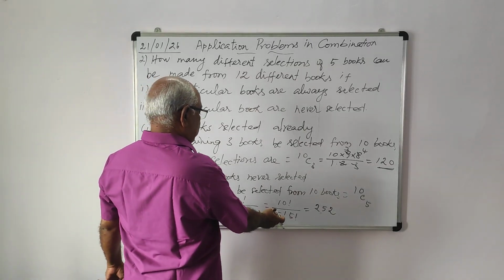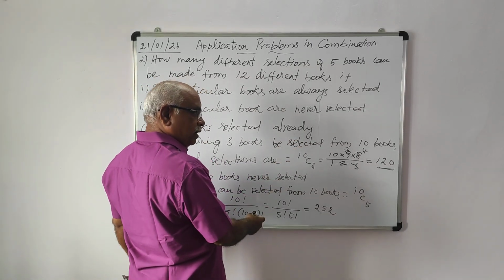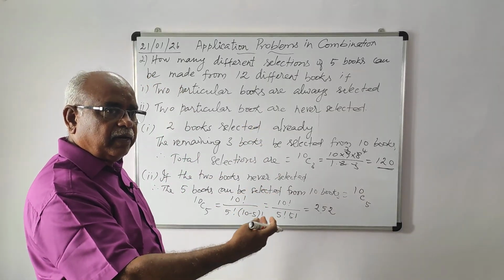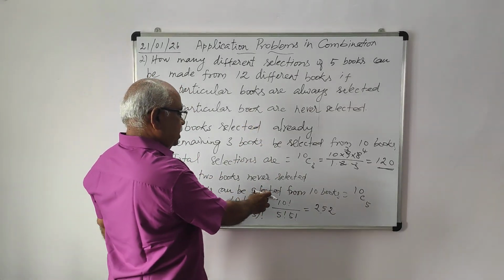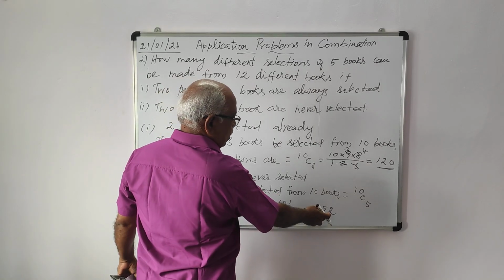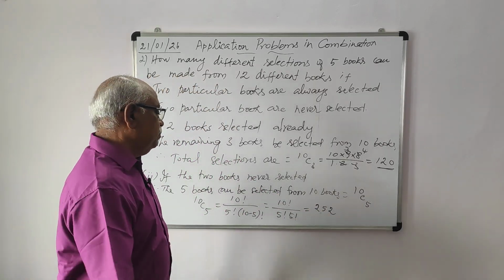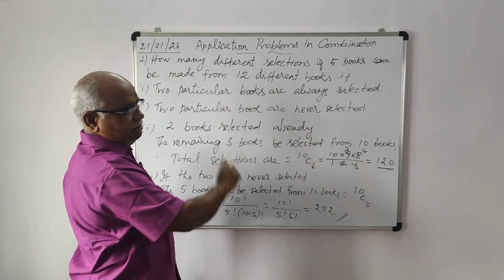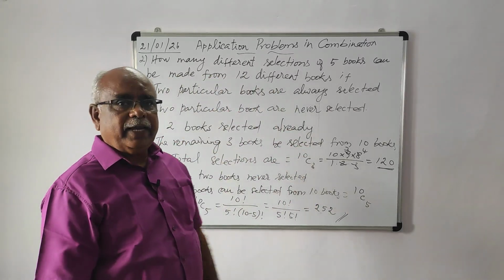Out of that, 5 factorial can be cancelled from numerator and denominator. So 10 into 9 into 8 into 7 into 6 divided by 5 factorial, you will get 252 selections for the second case. That's all about the problem. Okay?